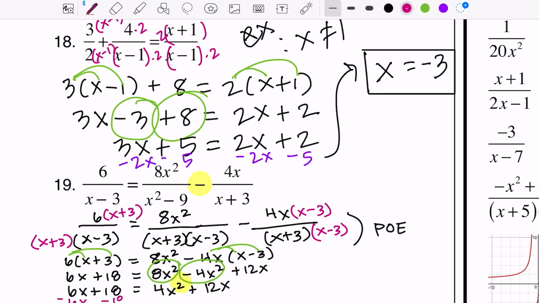I like my x squared term to be positive, so I am going to be subtracting from the left side. So that leaves me with 0 equals 4x squared plus 6x minus 18. And then that has a GCF. So everything can be factored by 2.